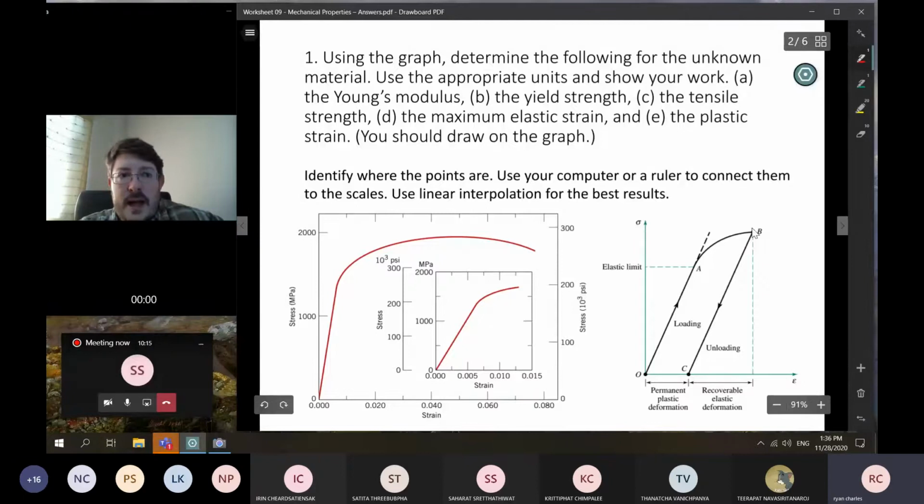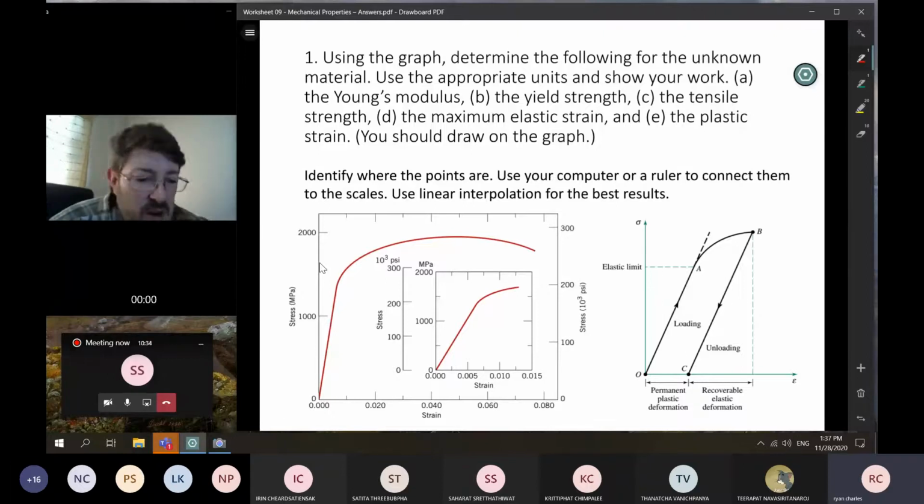At the end of the line, that's the total strain. So if you just subtract plastic from total, you get the maximum elastic strain. Some of you just went to the yield and called that the elastic strain, which isn't quite the maximum.